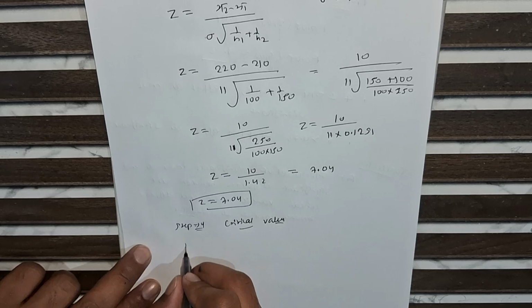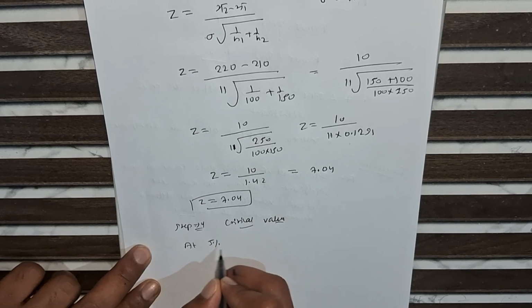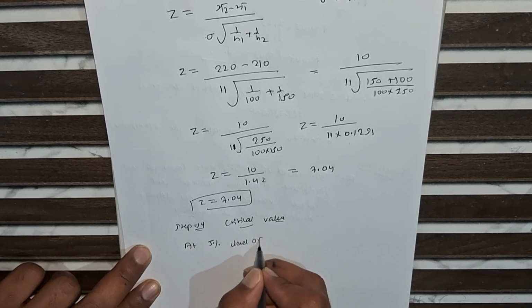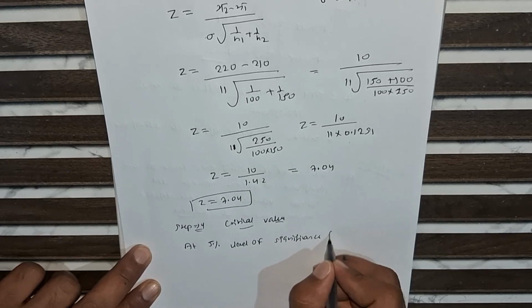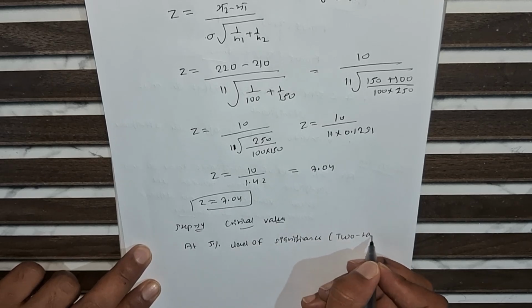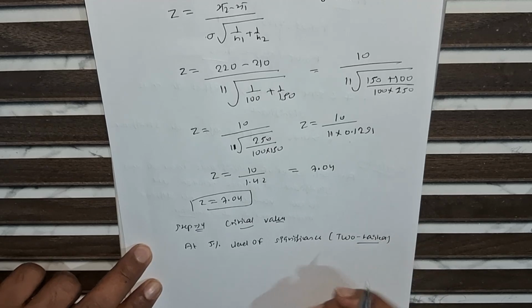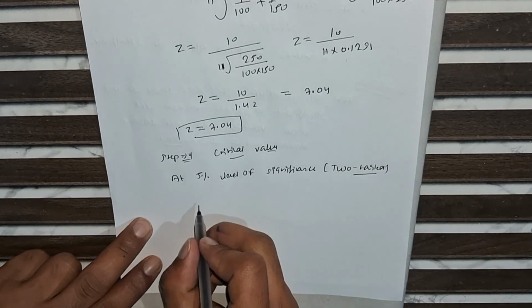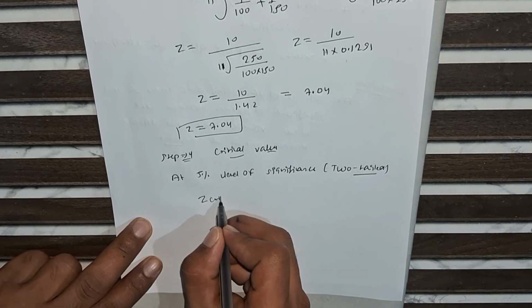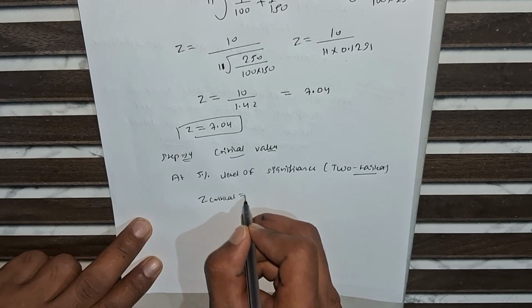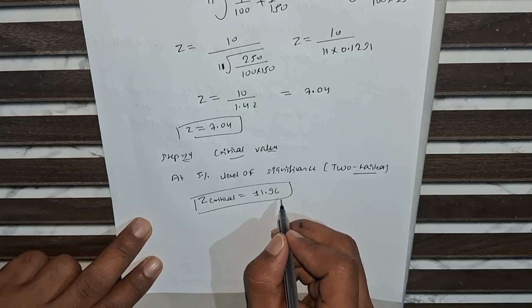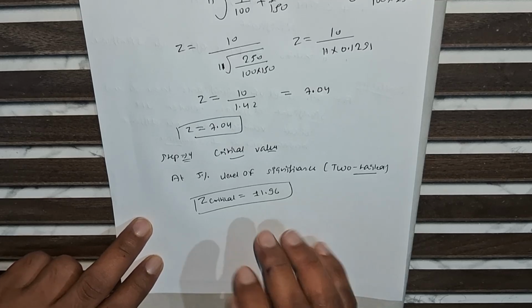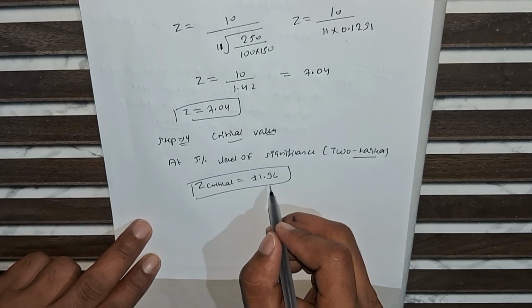At the 5% level of significance, we are using the two-tail test because two samples are there in the question. What is our critical value? Z critical at 5% is nothing but plus or minus 1.96. This I already explained in my first video, you can go and watch it. So our value at the 5% level of significance is 1.96.